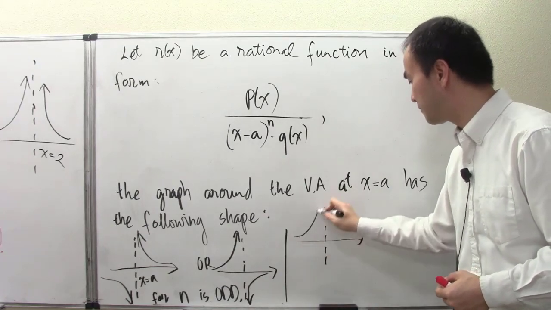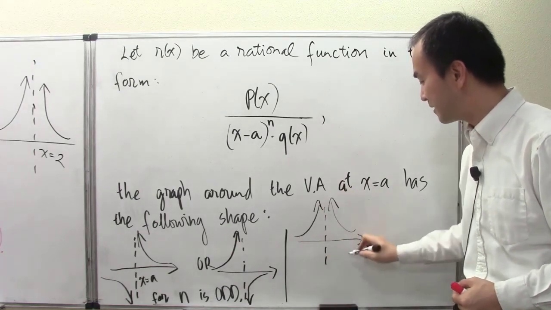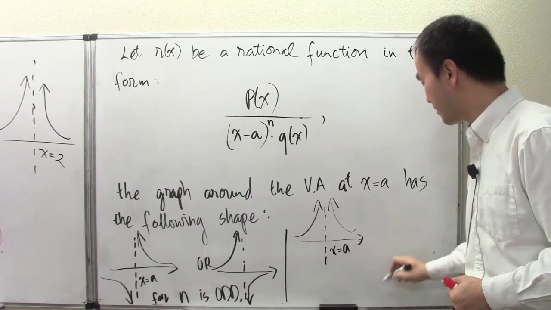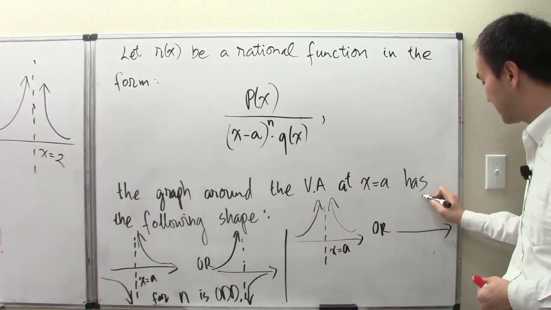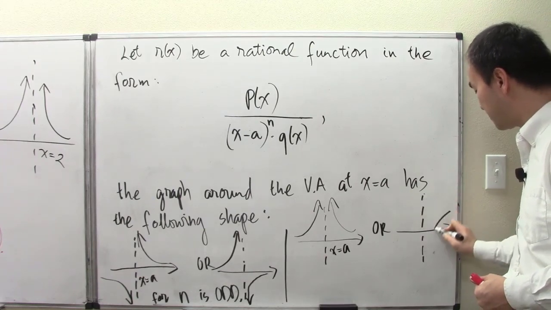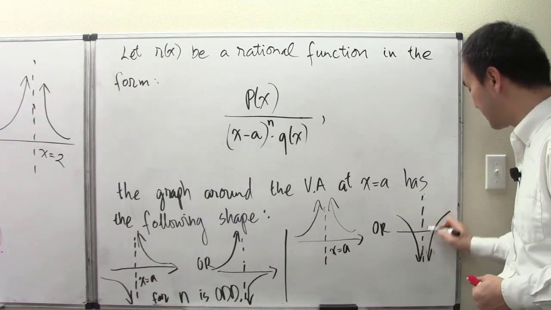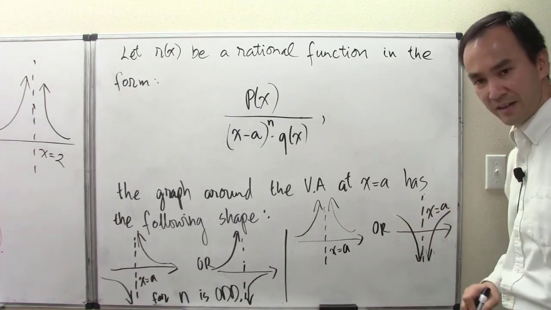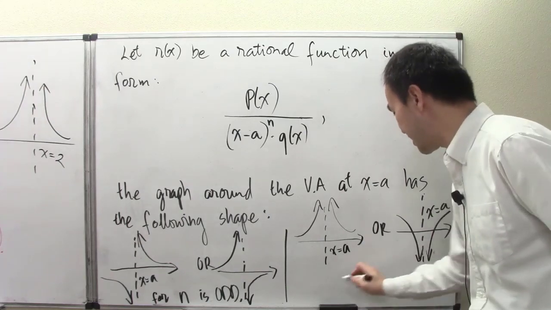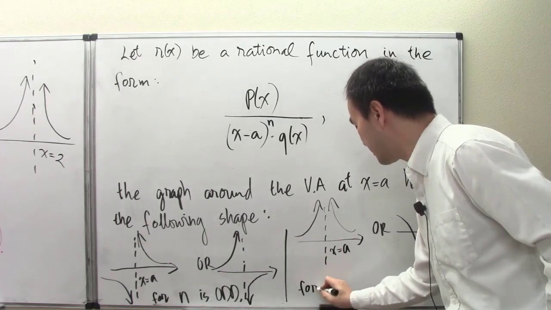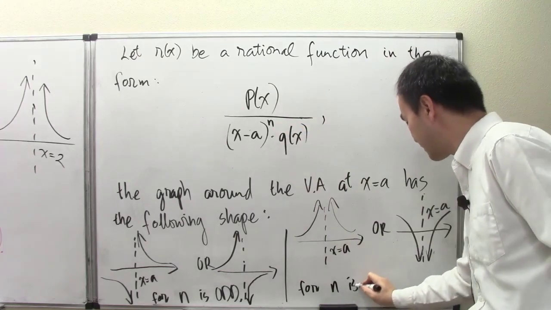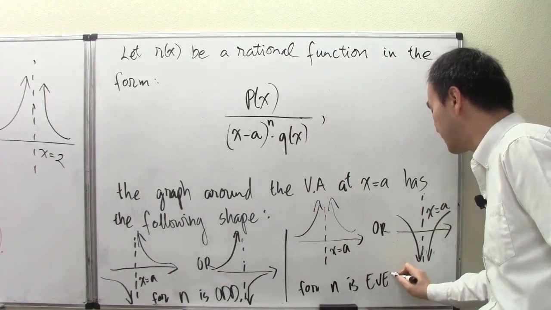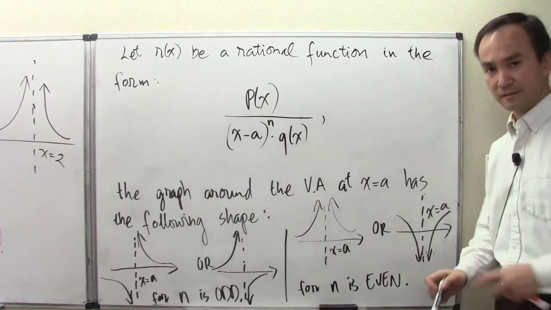The graph can be both pointing up like that at x equals a, or the graph can be both pointing down, just like that, at x equals a again. This is the case where the multiplicity n is even. All right, that's what it is.